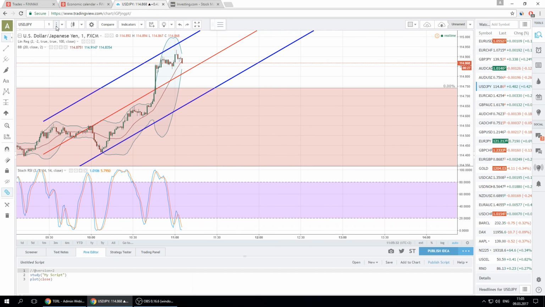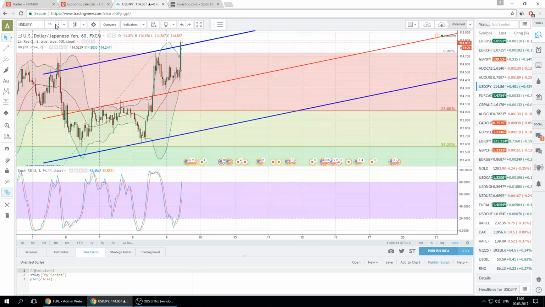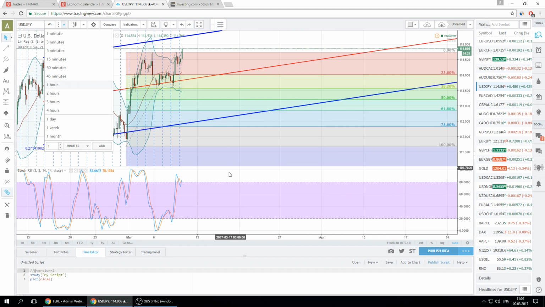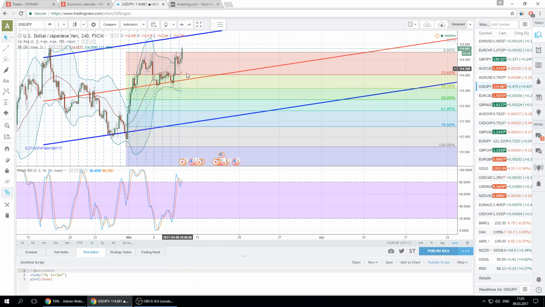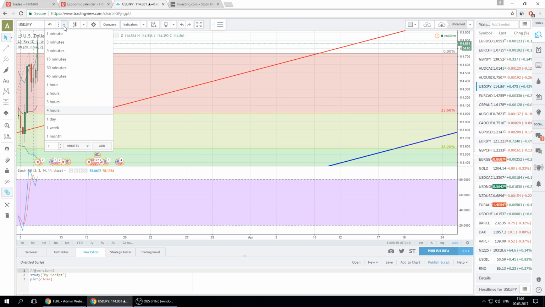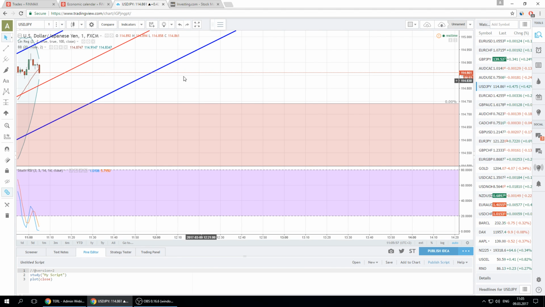Okay, I can show you on the longer time frame. You see, here are the Fibonacci lines that also help to analyze the market, to open the trade, to know about the support and resistance levels, to keep them in mind, especially when you are trading for the longer term. But let's come back to our 1 minute time frame.